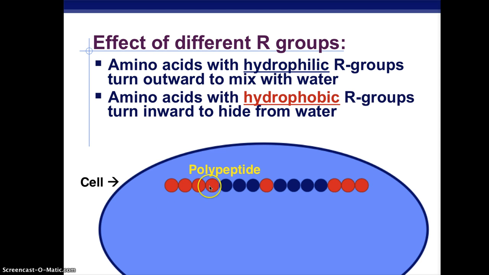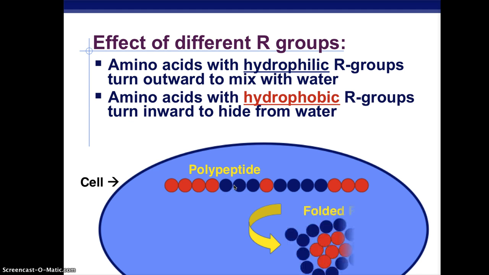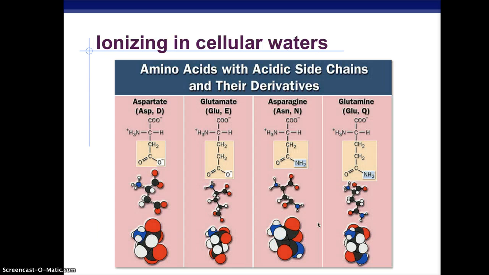The ones that are red are representing amino acids with hydrophobic side chains or R groups, and the blue are ones that are hydrophilic. And so what happens is when we add this polypeptide to water, it causes the polypeptide to fold and form our protein shape. Here we have the hydrophobic amino acids hiding on the inside and the hydrophilic pointing outward.